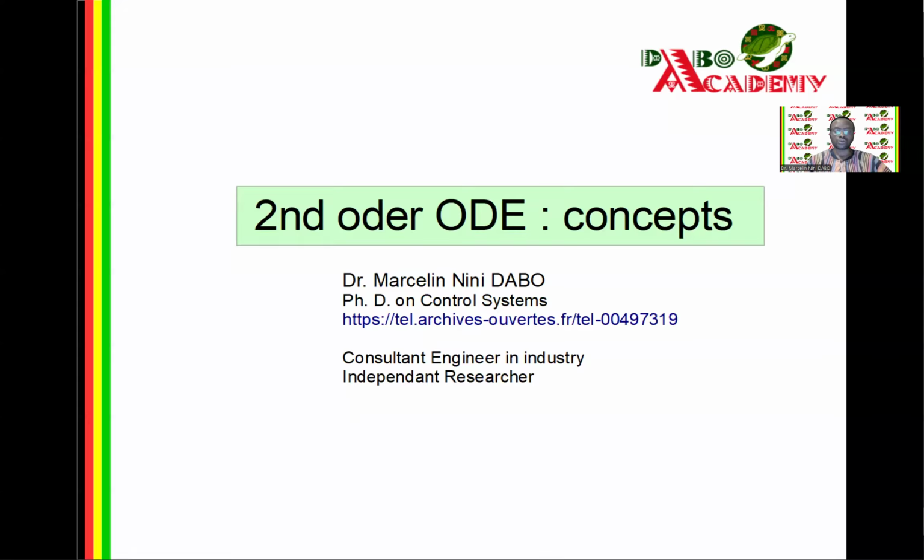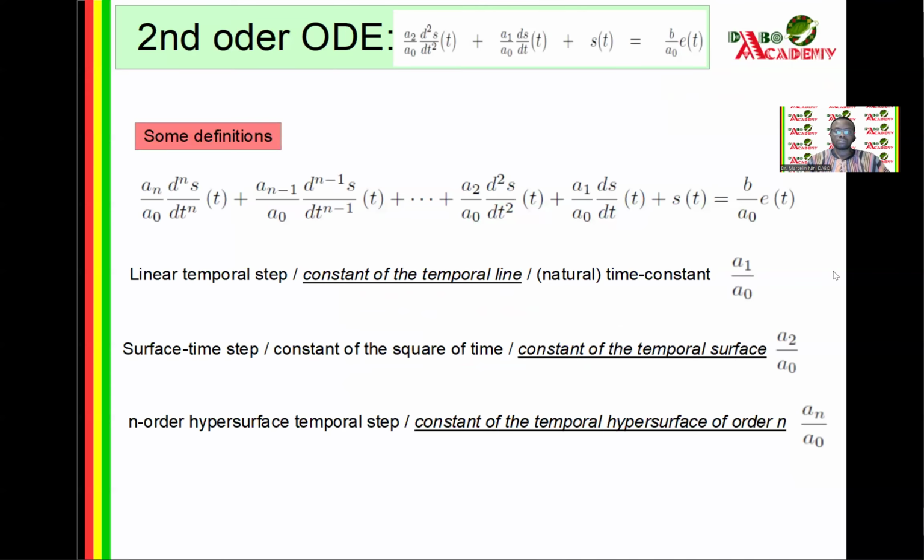You have complex conjugated, okay, for the underdamped, and for the overdamped, you have two real roots, okay, for two real-time constants for your system. But in my view, and what I have introduced in this new paradigm, is that there is only one time constant. So how I get to that result, this is what I want to share with you now. So if you are ready, let's go.